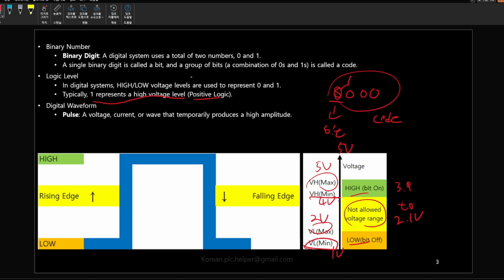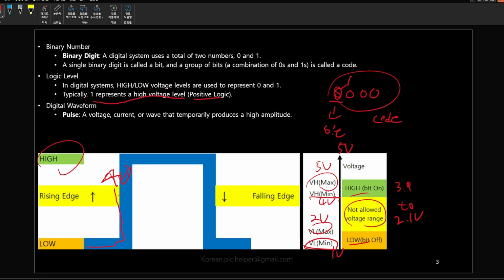Now, as the voltage gradually increases, once it passes low and reaches around 4 volts, it finally becomes high.